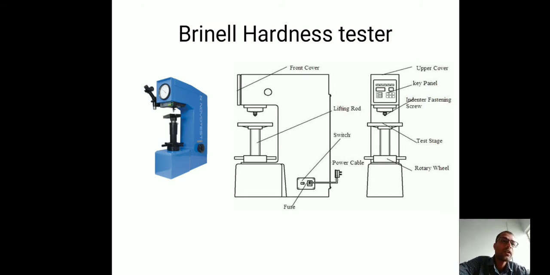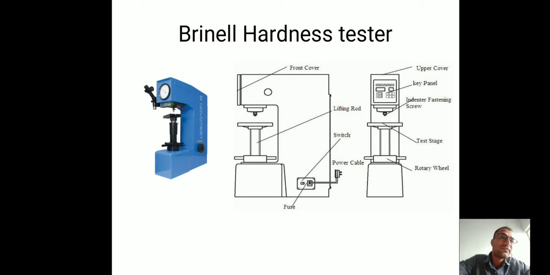Suppose we have to measure the hardness of copper material. Take a specimen of that copper material, place it on the test stage and rotate the rotary wheel, so that the test stage moves upward and your job or specimen gets clamped in between the test stage and the indenter.